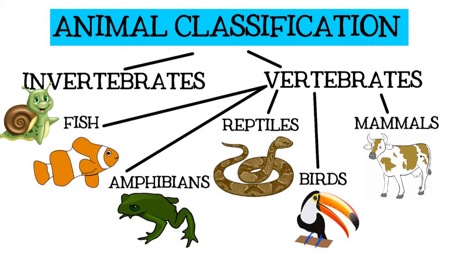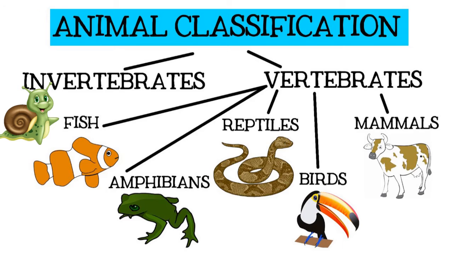Invertebrates and vertebrates. Animals without a backbone are called invertebrates, for example, a snail. Whereas vertebrates include the following classes. Animals which have a backbone are called vertebrates. Look at the ones given below. Fish are aquatic animals.